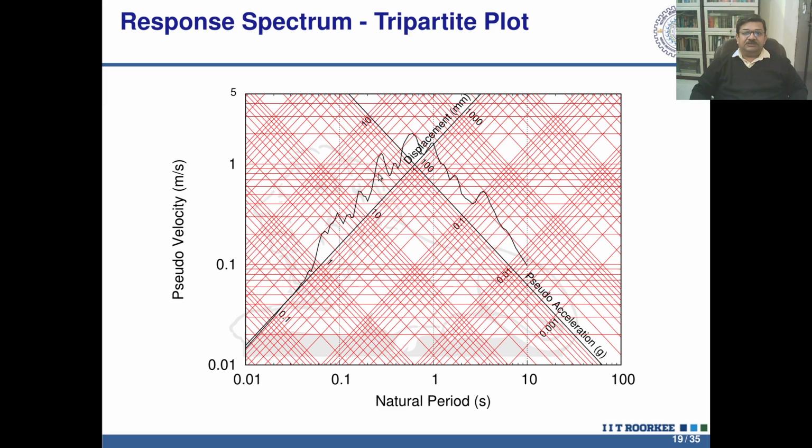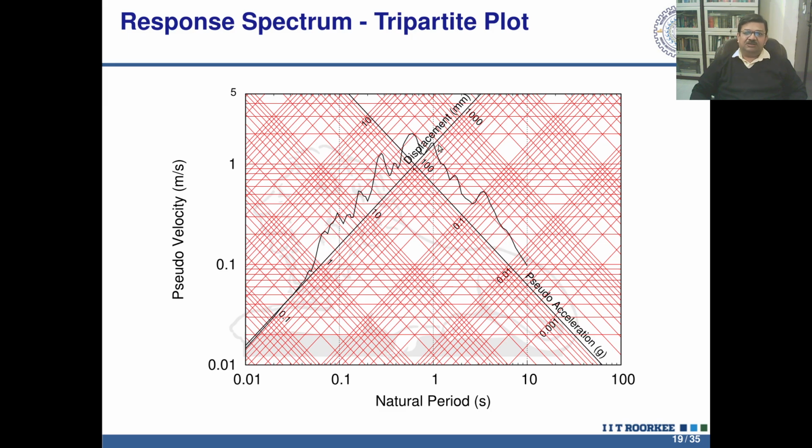And in this intermediate frequency range, for small damping, the pseudo velocity and the actual maximum relative velocity response are also approximately equal. So you can see from this tripartite plot that we can have constant acceleration.